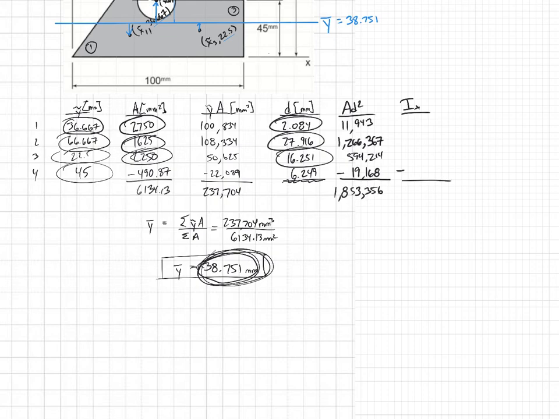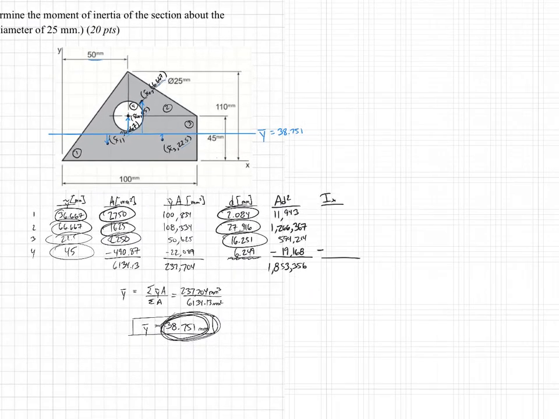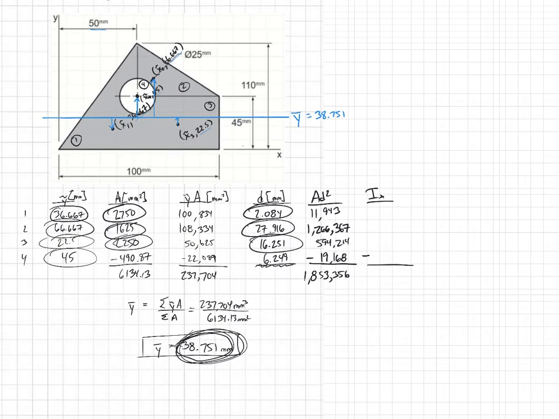Okay, and then for the IXs, they're going to require just using formulas out of your equation sheet. For a triangle, for either of these two triangles, this is the base, this is the height. So for a triangle, IX equals 1/36 base times height cubed.